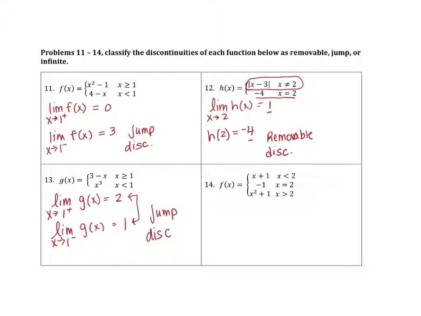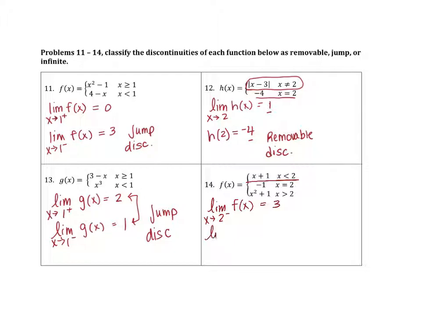This one's kind of a strange problem. Again, let's go through our limits. So we're going to have the limit as x approaches 2 from the left of f of x. And that's going to be this top inequality coming in from the left is less than 2. If we plug in 2, we're going to get 3.